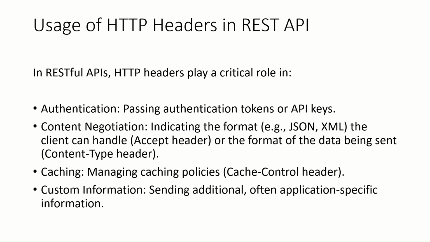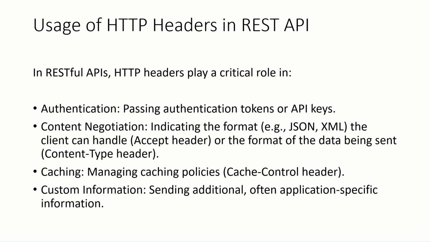Okay. Now the second use is content negotiation, indicating the format, for example, JSON or XML, the client can handle, or the format of the data being sent. So let's say the UI or the client is trying to get the information in the form of JSON.